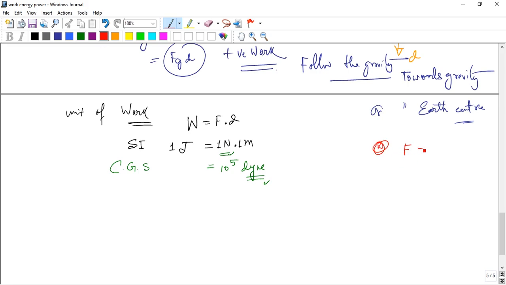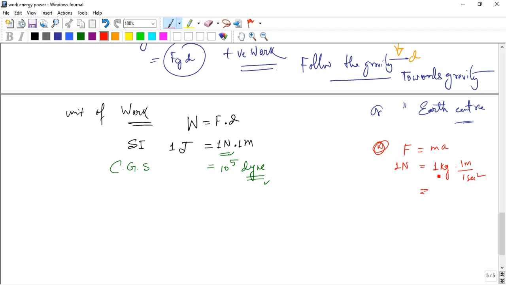From Newton's second law, force equals mass times acceleration. The SI unit of force is Newton: 1 Newton is 1 kg times 1 meter per second square.